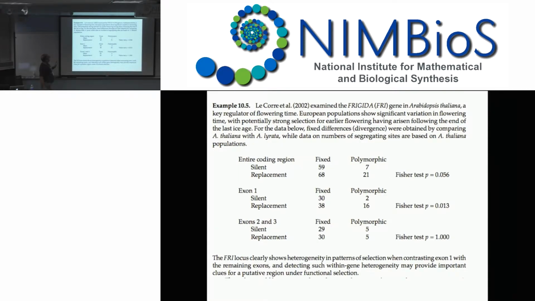And here's an example of the Phrygian gene in Arabidopsis involved in flowering. If you look across the entire gene, you see just a little bit below, not quite significant.